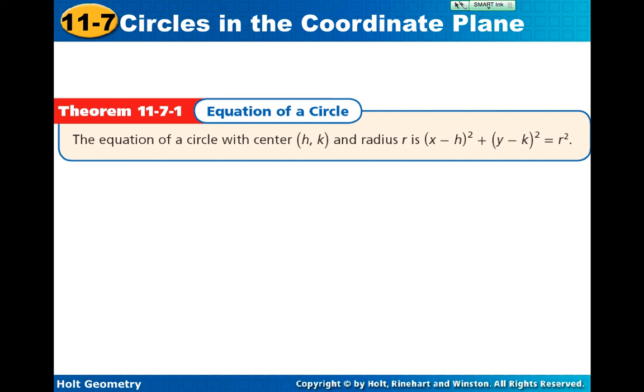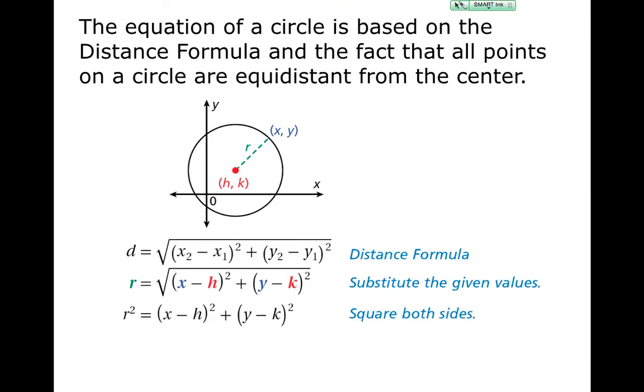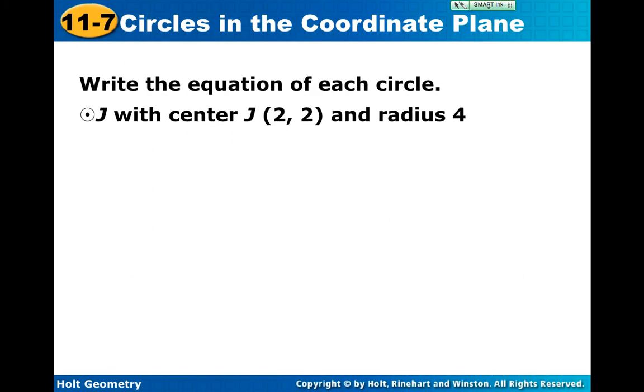The bottom one is the equation of the circle. So you should recognize everything on the wall right now. So the explanation that I just did on the board is similar to what's on the smart board there. So let's try and write the equation of the circle. What's the equation of the circle that has center 2, 2 and radius of 4?